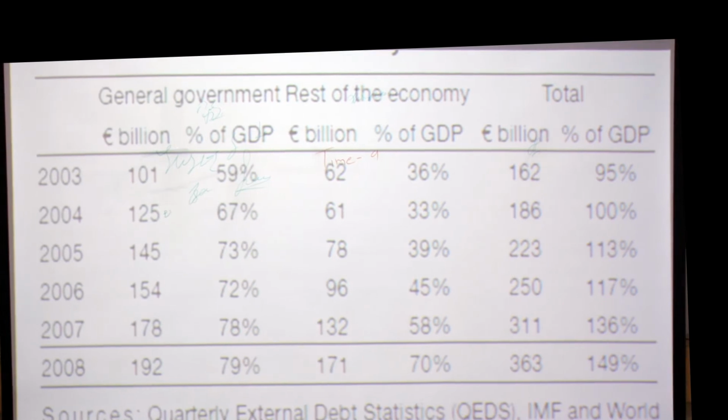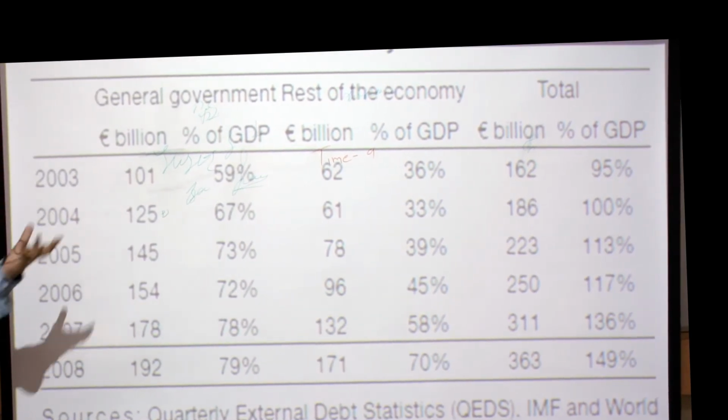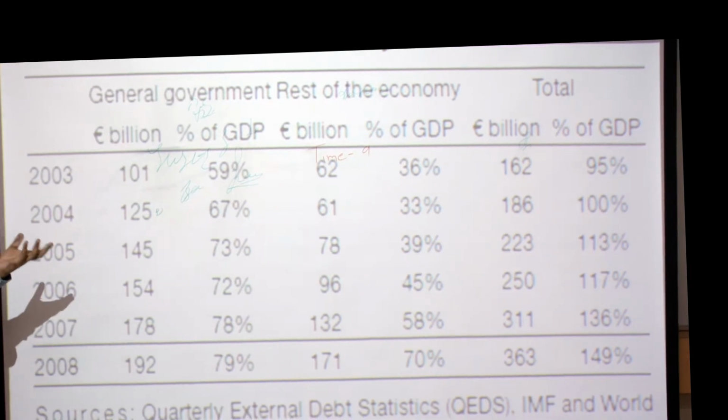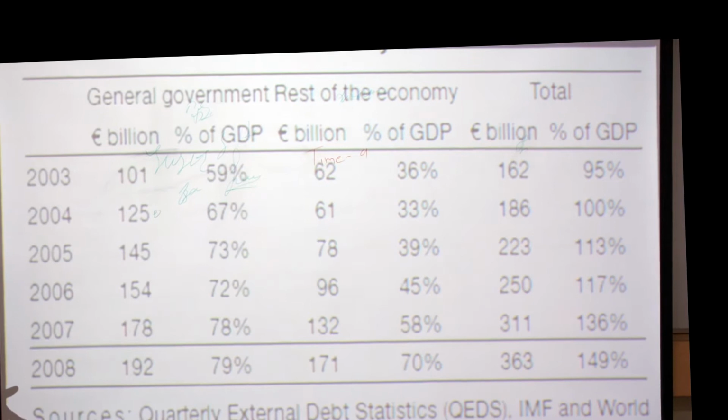In 2008, 149% of the GDP was debt. So that is a very debt-trap kind of situation to be in for an economy like Greece.